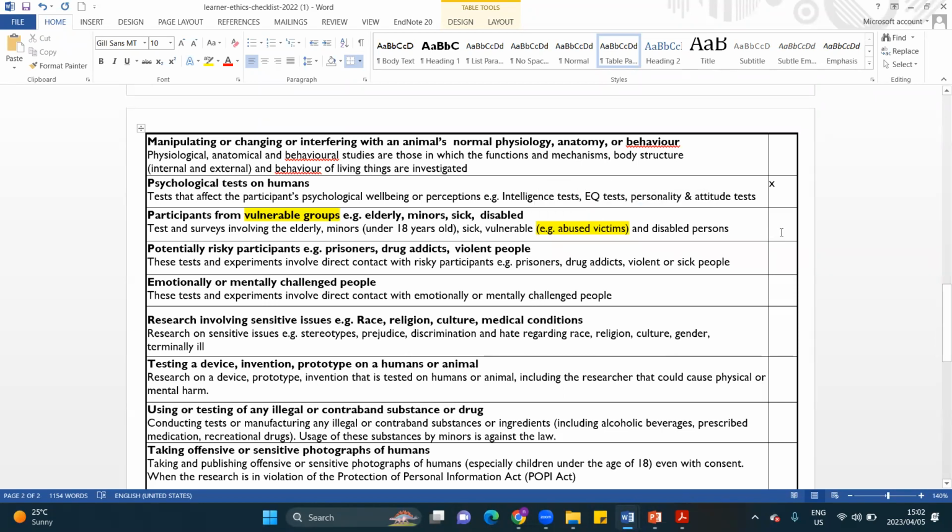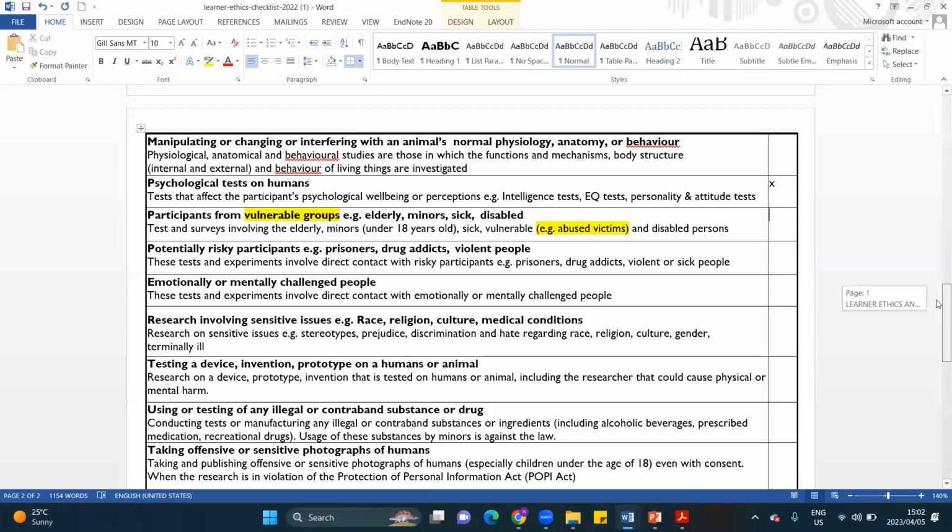Please ensure that this is done under the supervision of a social worker or a trained professional, a psychologist. The learner can work with the psychologist or social worker, and then that professional will administer the interviews.